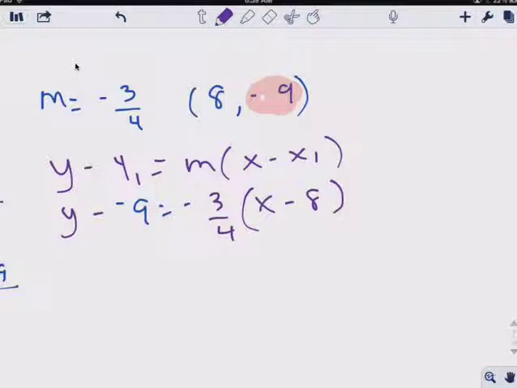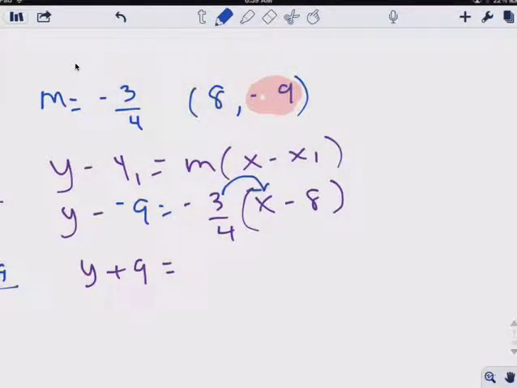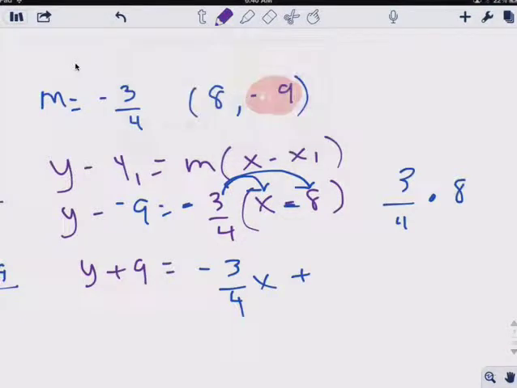Gives us y plus 9 equals, distribute this to that, that's a negative 3 over 4 x, distribute that, the two negatives make a plus, now 3 over 4 times 8, cross cancel, 1 and 2, that leaves you 6.